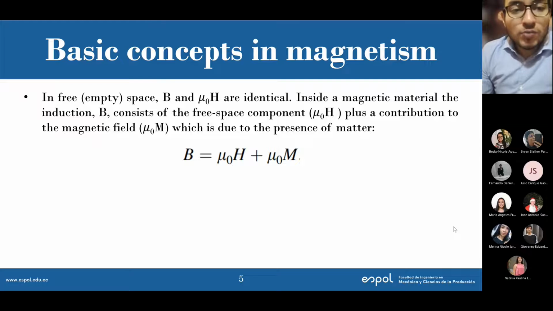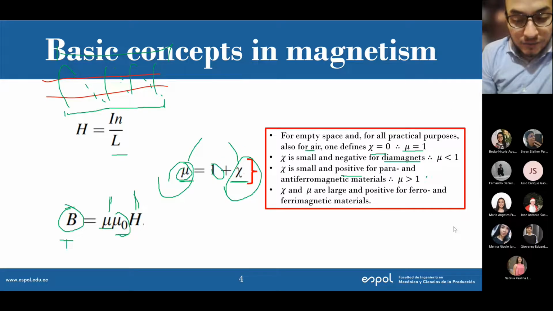Let's keep looking at more basic concepts in magnetism. If we are in free, empty space, we know that the magnetic flux and mu naught times H are identical. Why is that?